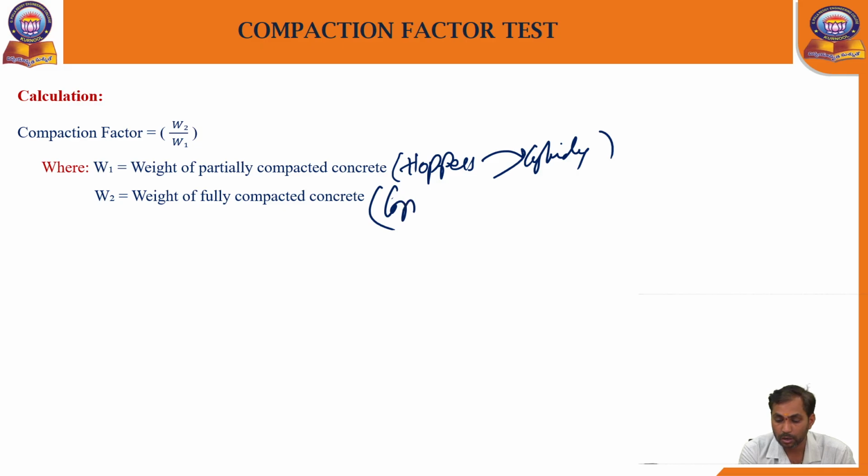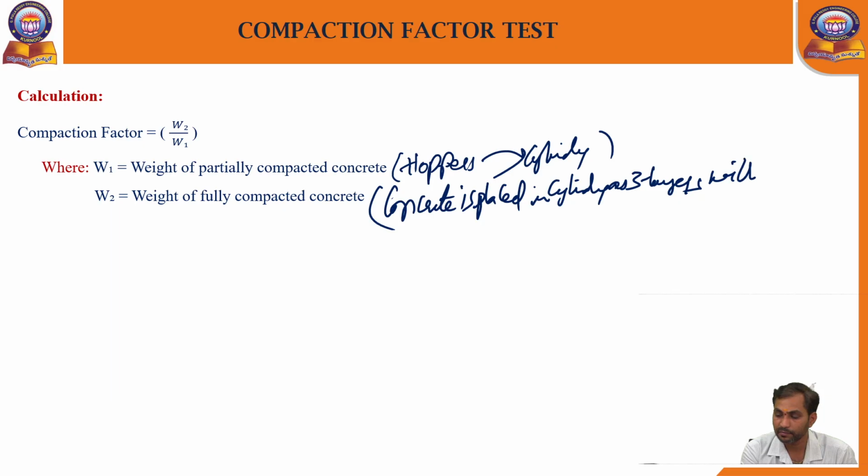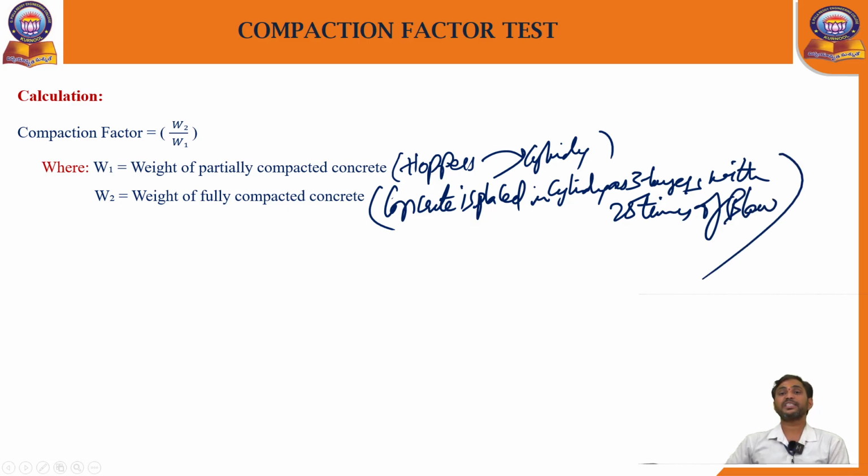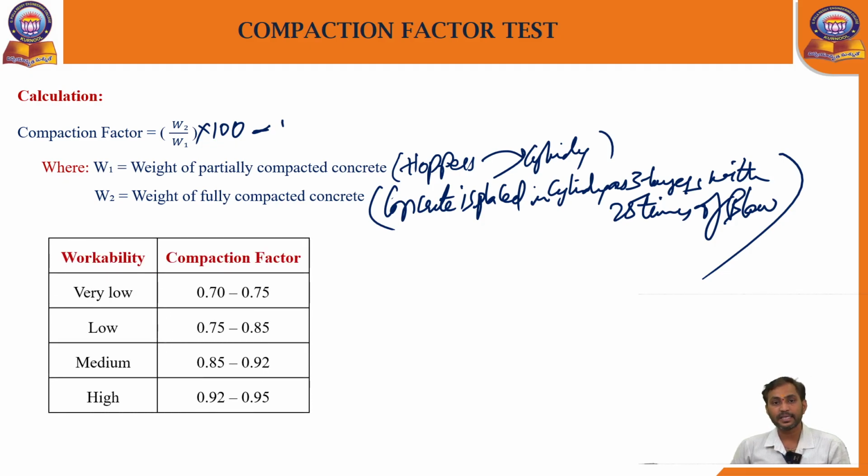The concrete is placed in the cylinder in 3 layers with 25 blows of the tamping rod. Now we have a small calculation: W1 by W2 into 100. We will get a percentage. Finally, the range will be obtained. Okay, there is no need to multiply by 100.